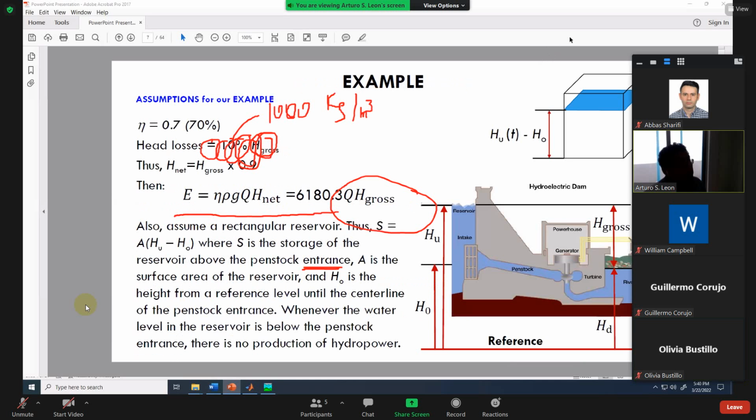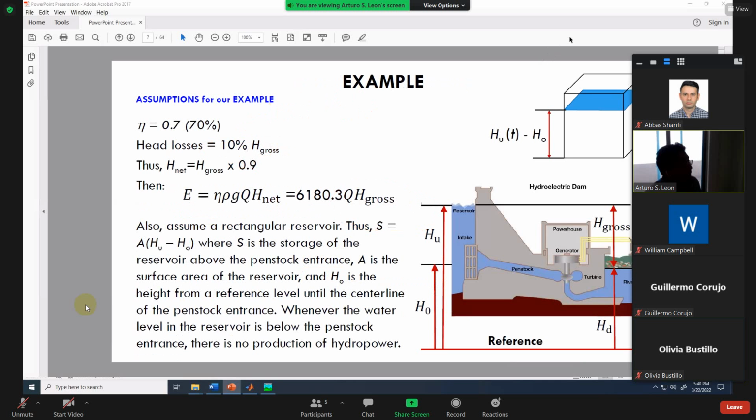Okay, so let me clear this. So, guys, we will start with one example of one dam. Let's assume that we have done the study and we are using a given type of turbine and my efficiency is 70%.